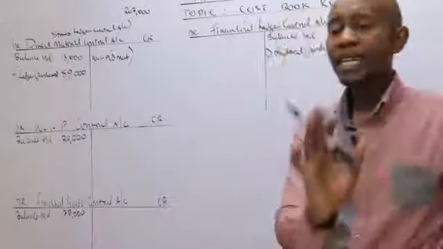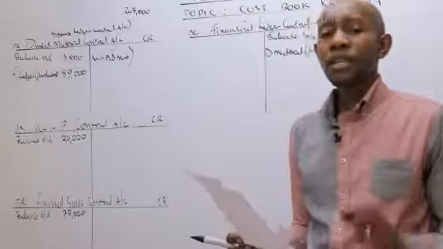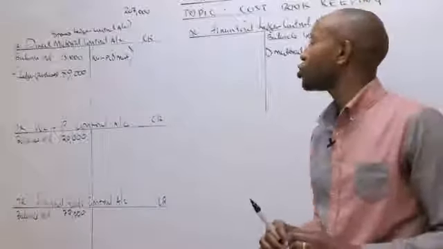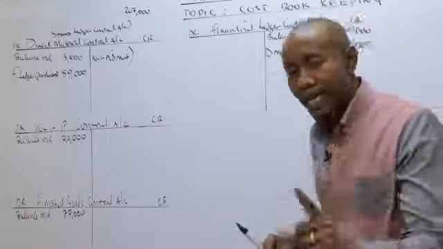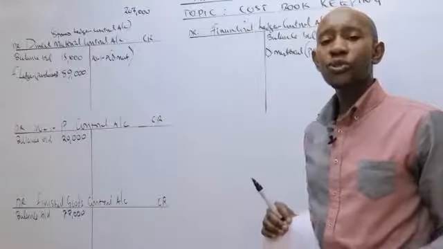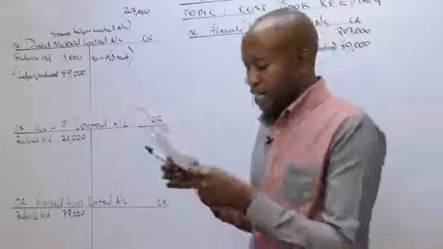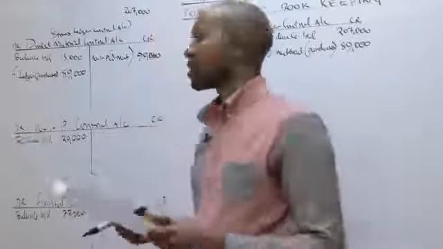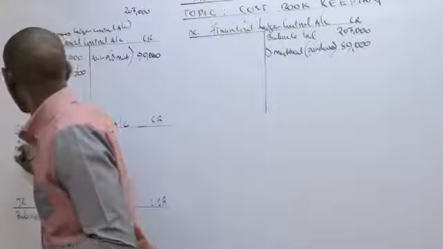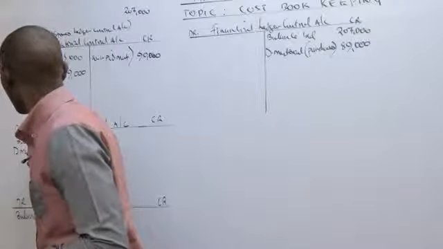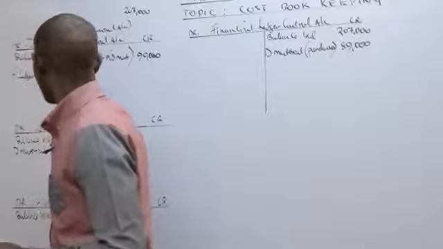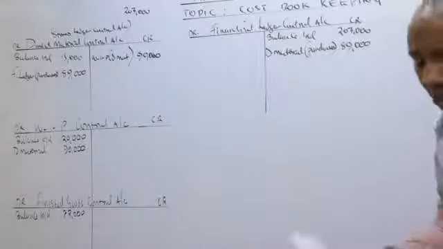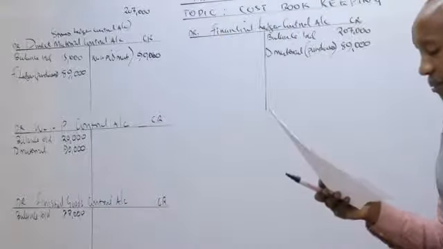If it was indirect, I would have taken that to the production overheads control account. But now this is issued to production, which is direct material, and so that goes to work in progress. How much was it? That was 90,000. So we come into these accounts and say direct material, 90,000.